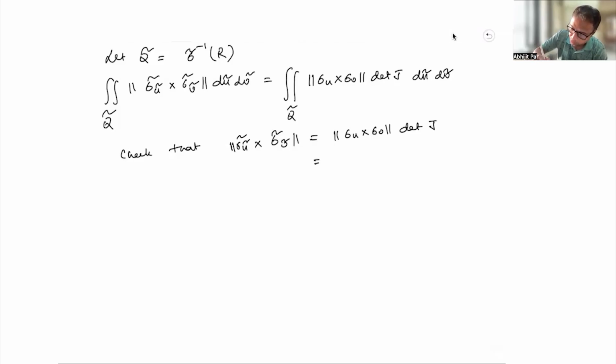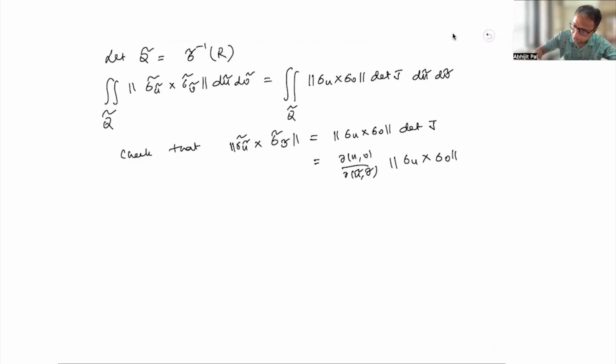So this is equal to del(u,v) by del(u tilde, v tilde) times the norm of sigma u vector product with sigma v. Okay, so we have this thing.